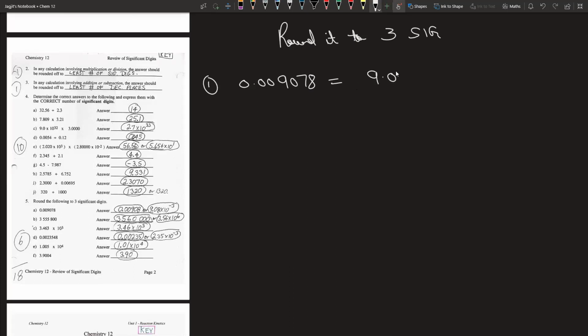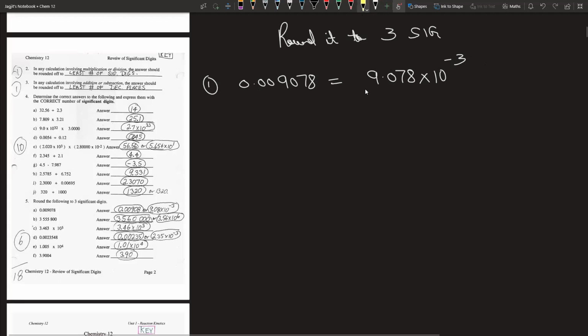So it will be 9.078 times 10 to the power. How many digits did you move? 1, 2, 3. But you moved 3 to the right, so it will be 10 to the power minus 3. Another way to know when you'll have a negative is whenever you see a decimal which is a really small number, smaller than 1, you should know this power is going to be negative. Or because it moved to the right, you will say the power is negative.